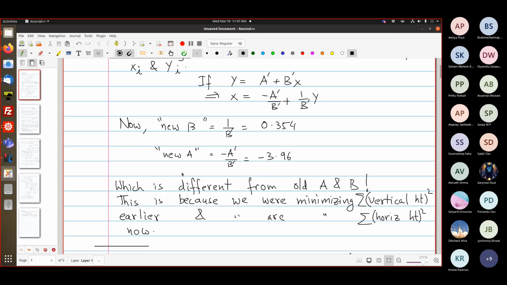So here, y, okay, the regression of y on x is different from that of x.